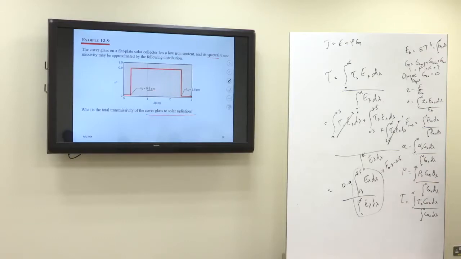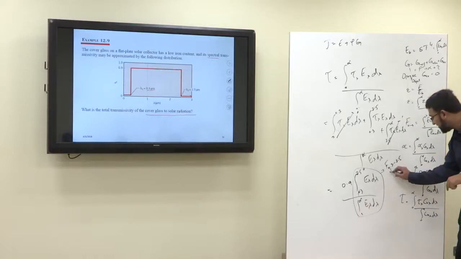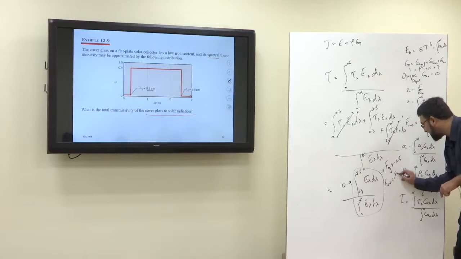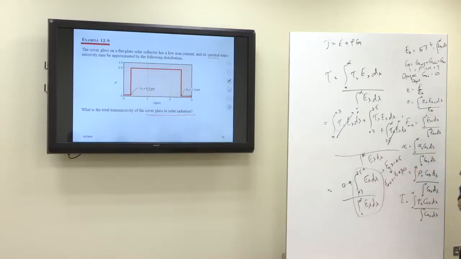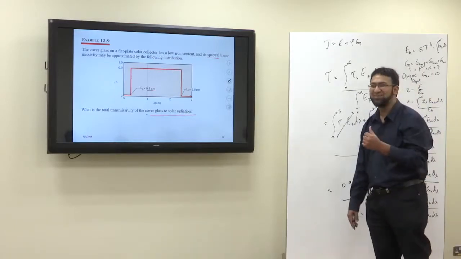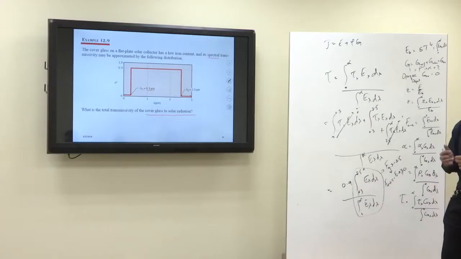But in the last class we studied that if we want to use the tables to determine this fraction, we have to split it further. So it will not be 0.3 to 2.5, it will be 0 to 2.5 minus 0 to 0.3. So this is basically f 0 to 2.5 minus f 0 to 0.3. You don't remember how it is like this? Let me explain.